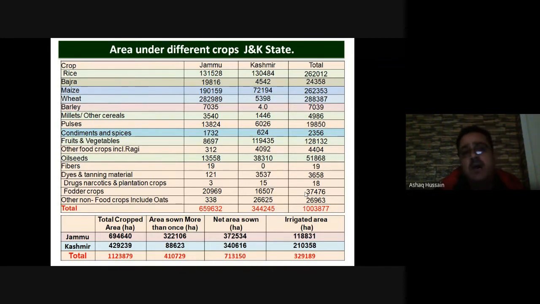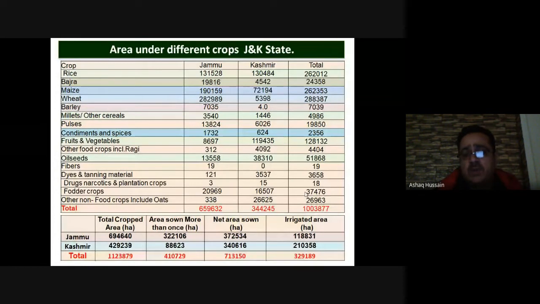Then we have maize, grown again both in Kashmir and in Jammu, but most of the maize is in Jammu province. Then we have wheat. Wheat is an important crop of Jammu province, grown during the winter, and a very small part is occupied in Kashmir also.